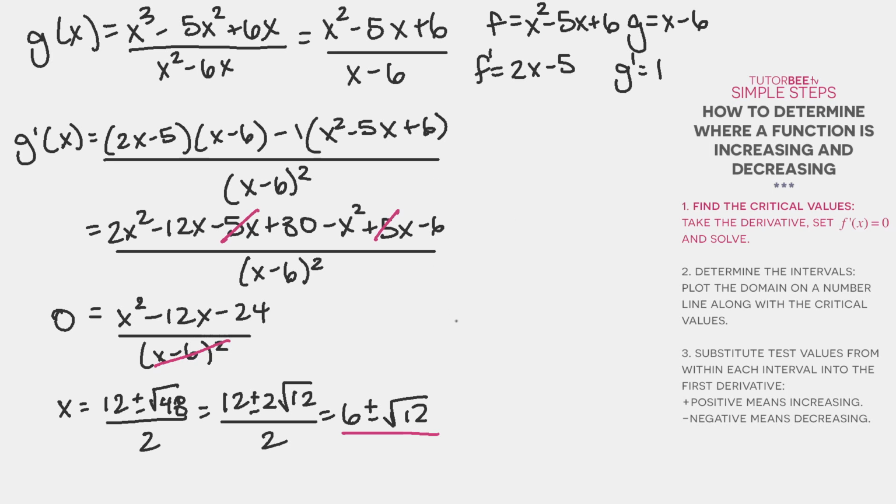And it might be helpful to know in the future, when we use it, what 6 plus root 12 actually is as a decimal, so we know where it is, and what 6 minus root 12 is as a decimal.